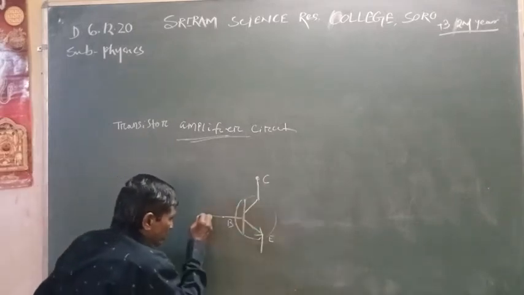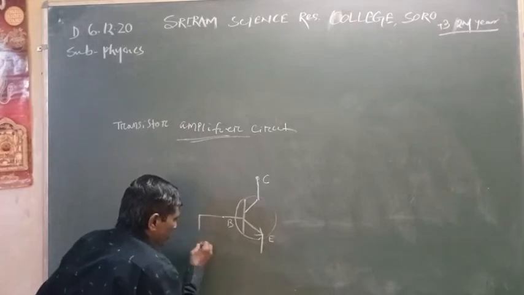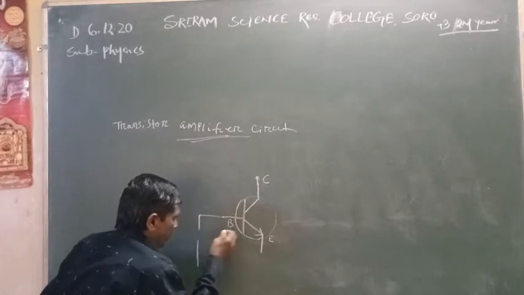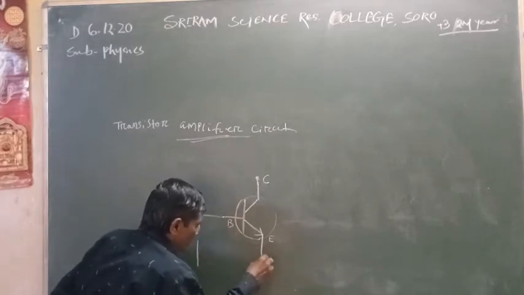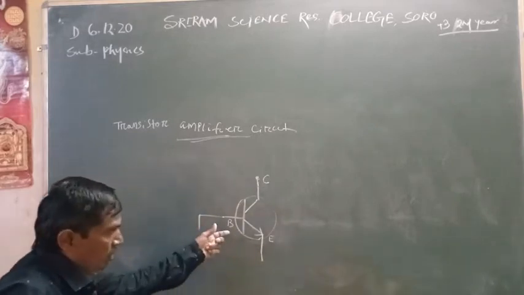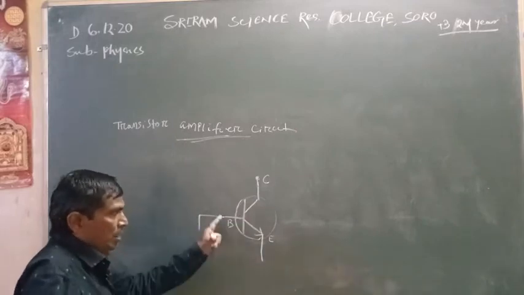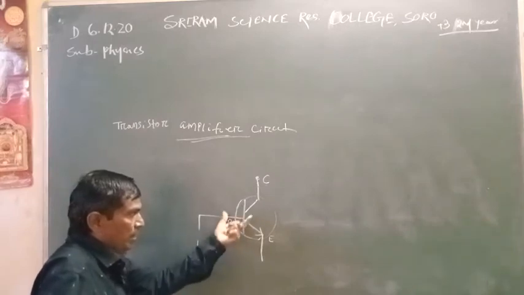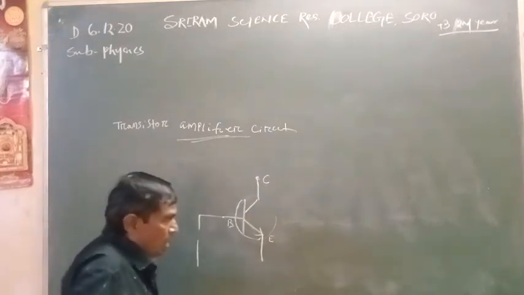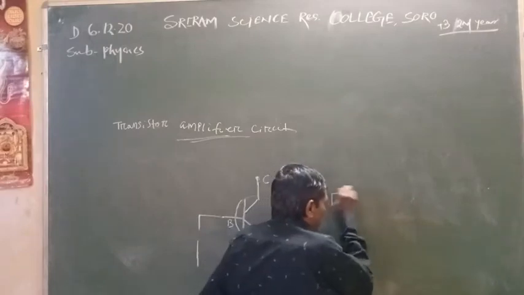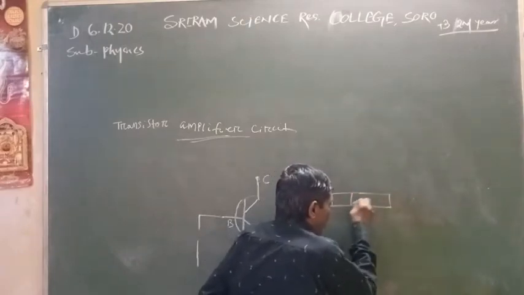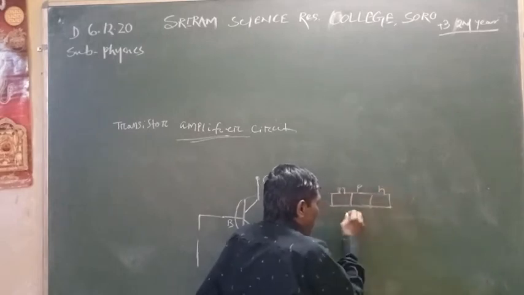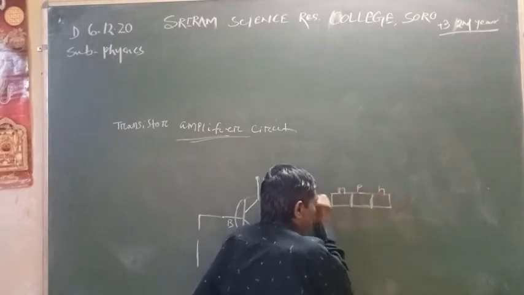The input supply is connected across the input junction. The transistor is a two junction, three terminal device. The base emitter is a junction, and the base collector is a junction. In the previous class, in the physical construction of a transistor, we discussed PNP and NPN transistors.